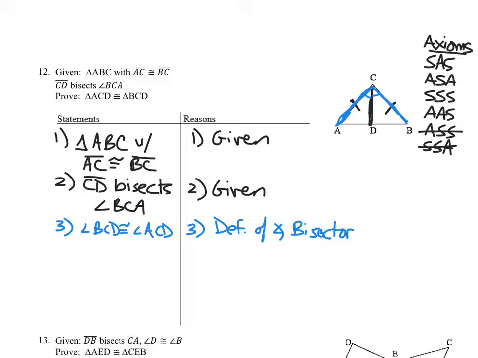All right. What I'm going to do is I'm just going to focus on the ones that have a side and an angle involved. Now, unfortunately, that doesn't really eliminate much. It only eliminates side, side, side.